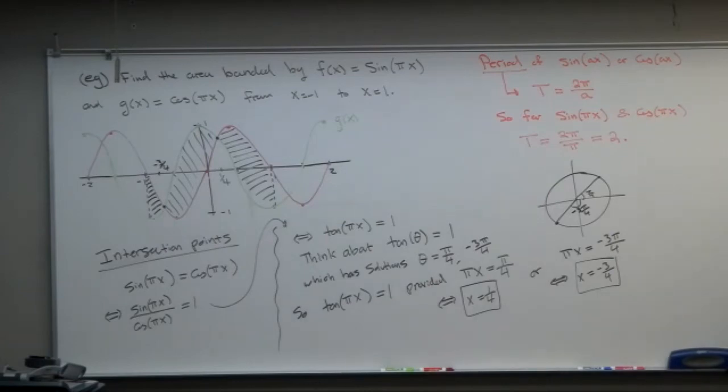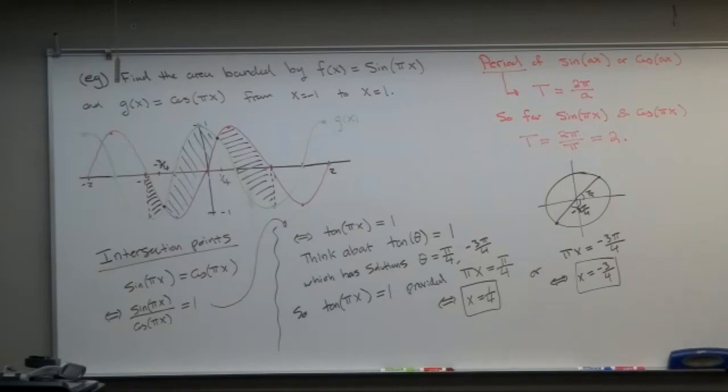So this is equal to 2 times the integral from -3/4 to 1/4 of the green, which is cosine pi x, minus the pink, which is sine pi x.